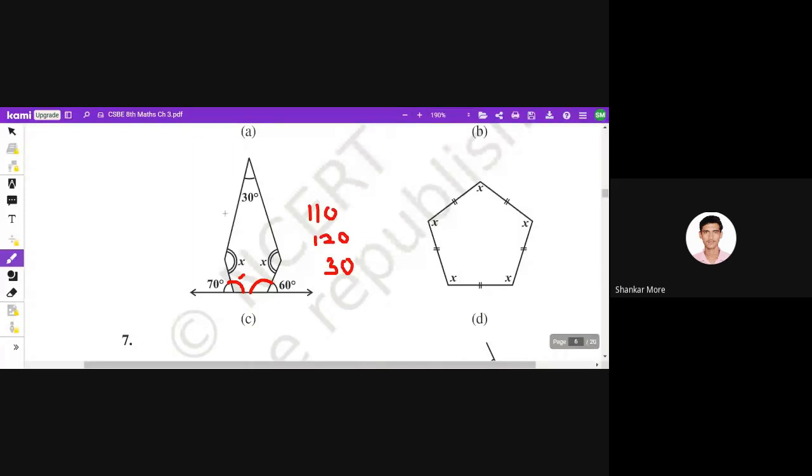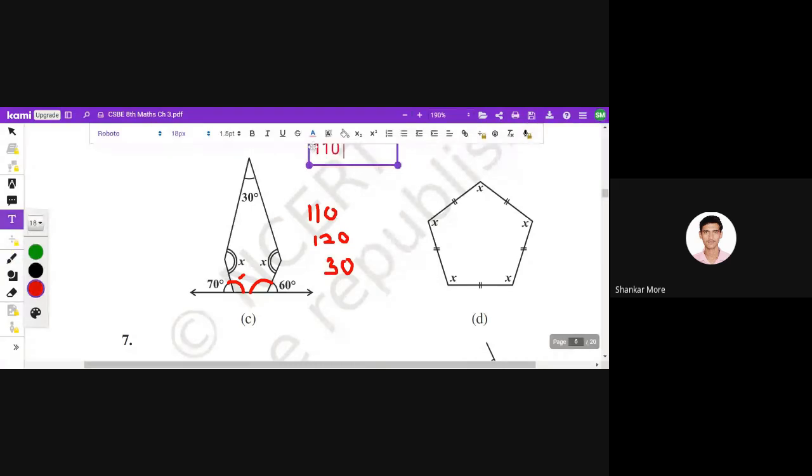Somebody has found it. So I will write it for your convenience if you're not getting it. 110 plus 120 plus 30 plus 2x. See, both these angles are the same, right? So that's why we write 2x is equal to 540. So if you solve this, is it 130?